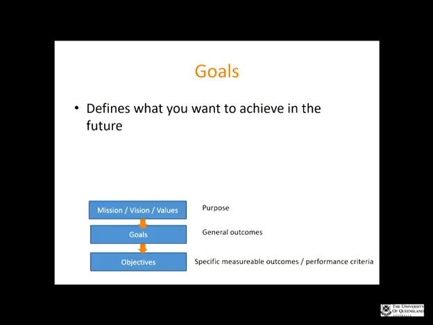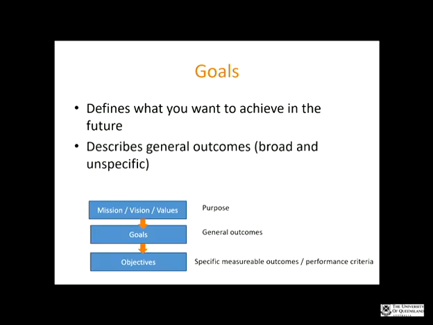So basically, a goal is defining what you want to achieve in the future, and it should be broad, describing general outcomes, so broad and unspecific. I guess more specific than the mission and the vision, but it's about general outcomes that you might hope to see as you approach that mission and vision.